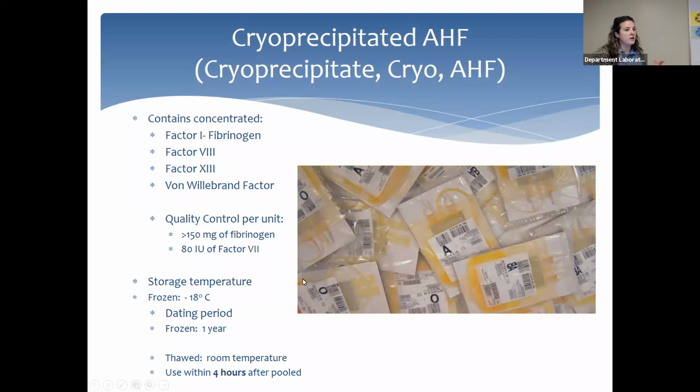Each unit of cryo must contain at least 150 milligrams of fibrinogen, and it must contain 80 international units of factor 8. That should be an 8 there, not a 7. I just noticed that. Cryo does not have factor 7. Just want to make that clear, okay?